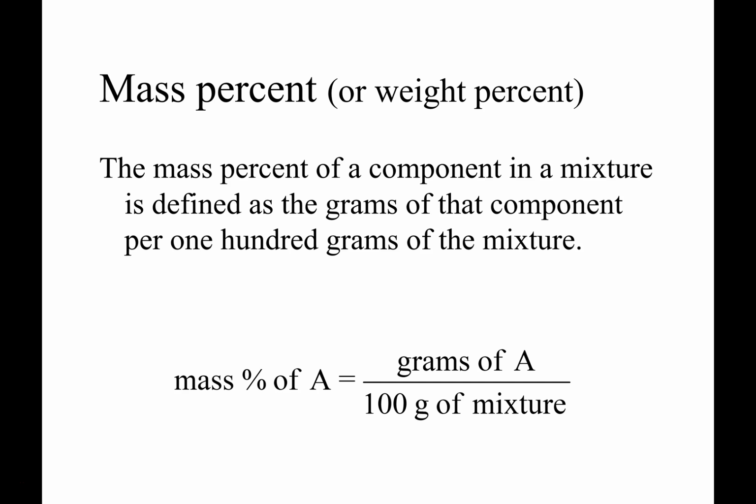By the way, if we're talking about weight percent, we must be talking about a mixture, because you have multiple components physically tossed together. So by definition, a weight percent means grams of that component per, or over, exactly 100 grams of that mixture. That's what I call unpacking. That's how you would unpack a weight percent.